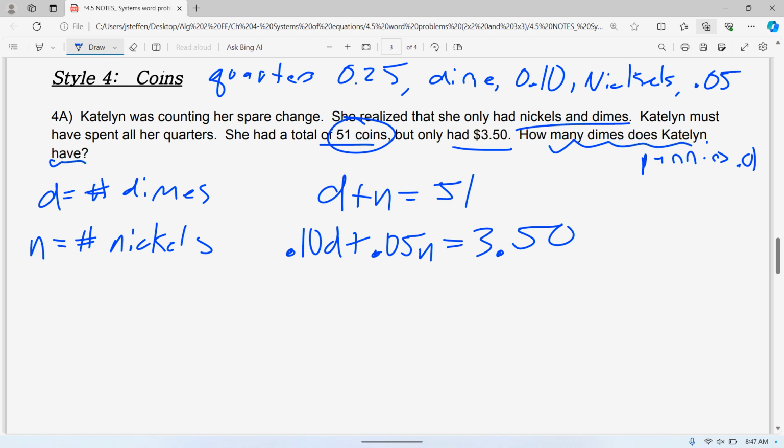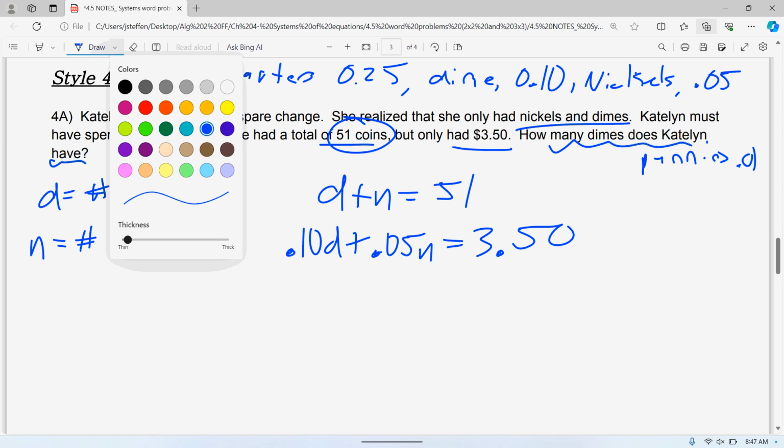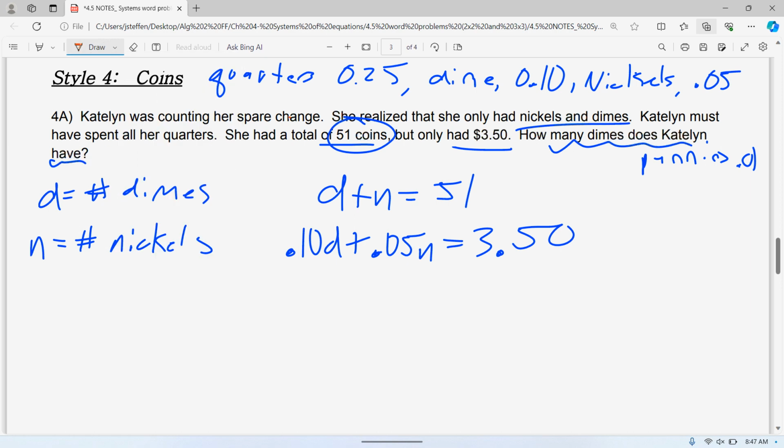And I'll be honest with you, every year I do this, even as I'm teaching it, I'm not sure if that's the easier way or not. It all depends. So the other way to do it is instead of looking at it as dollars, you can look at it as cents. So you can say it's 10 cents for each dime, 5 cents for each nickel. Then they turn around and say that that's equal to 3.5. Going for the sequence, they all have to be cents.